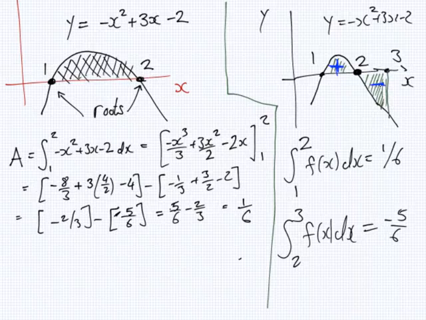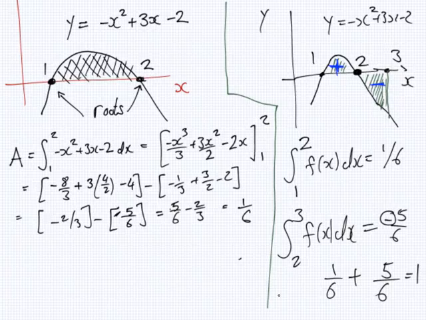So what you need to do is fix this by changing it into 5 over 6. So the final answer is 1 over 6 plus 5 over 6, which equals 1. So this is the correct answer at the end. So the problem here is you need to change the sign at the end.